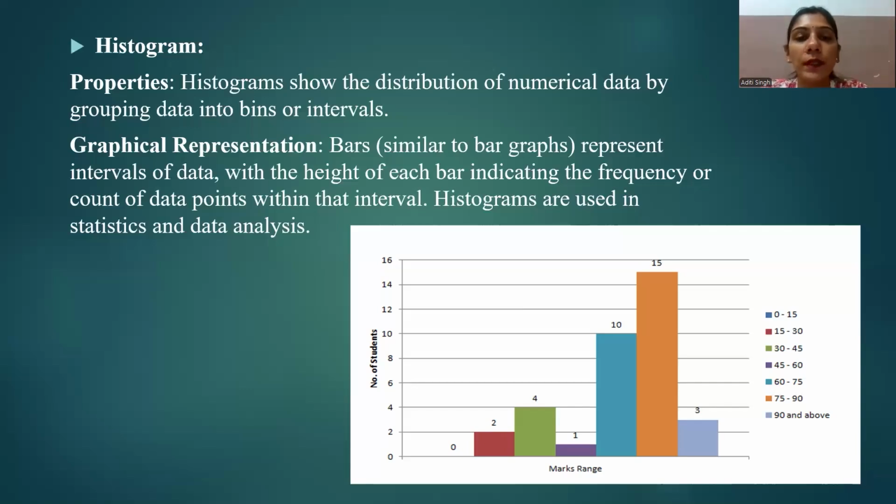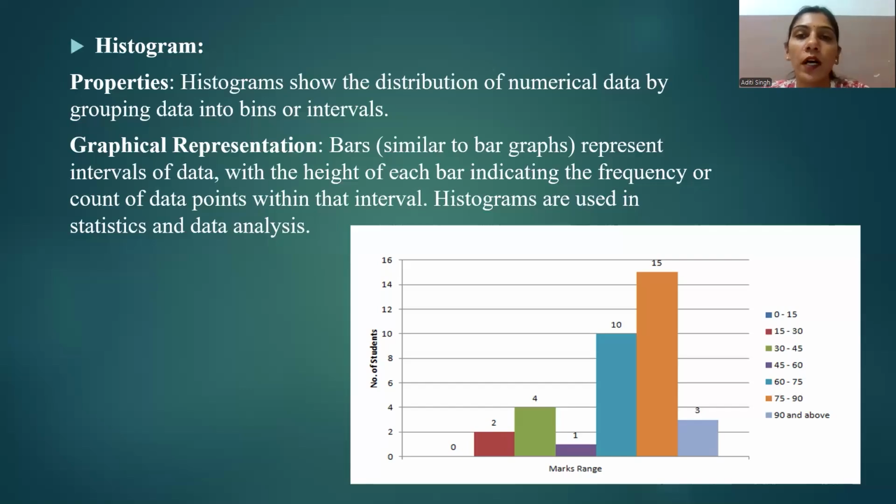So basically, a histogram is very similar to a bar graph, except for the fact that there is no gap between the rectangular bars, as you can see on your screen in this histogram.